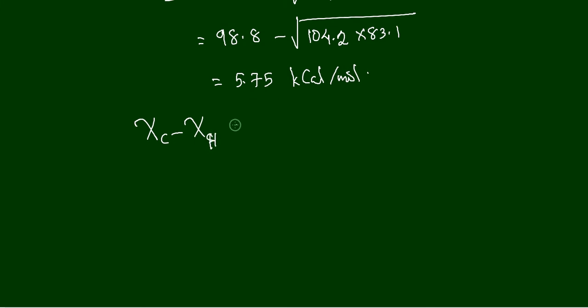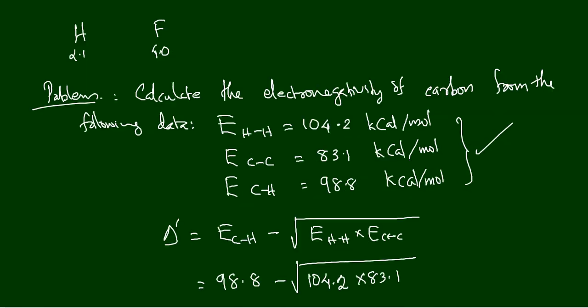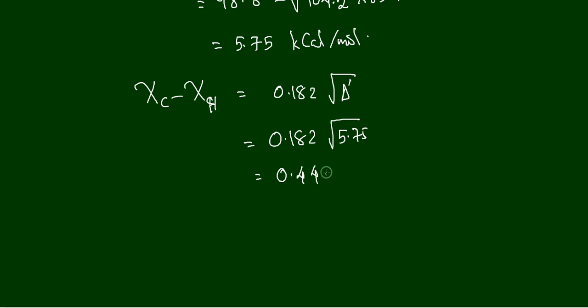Our relation is chi C minus chi H equals 0.182 into root of delta dash, which is 0.182 into root of 5.75, and that is equal to 0.44.